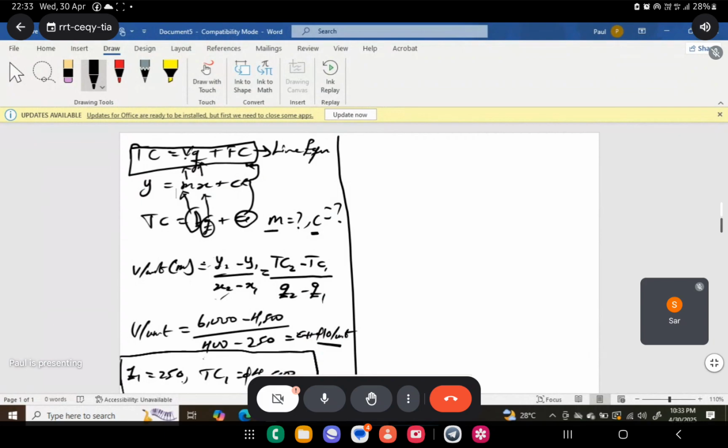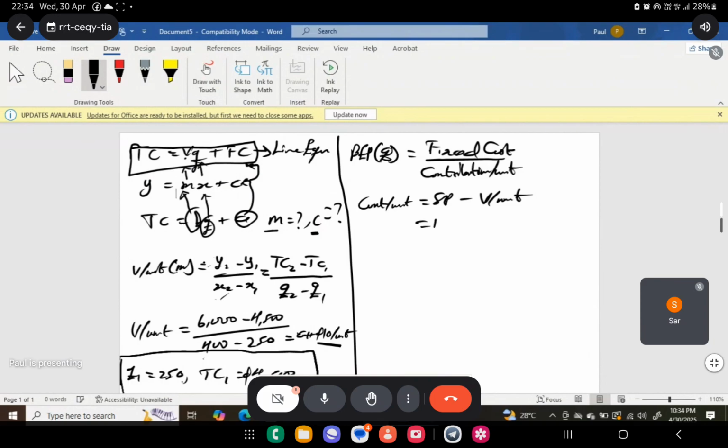Now, I told you that break even point in quantity is equal to your fixed cost divided by contribution per unit. And how do you get your contribution per unit? It is your selling price minus your variable cost per unit. Selling price is 15 cents.